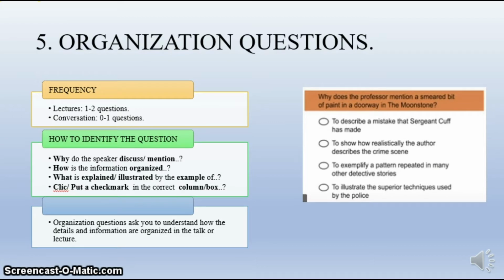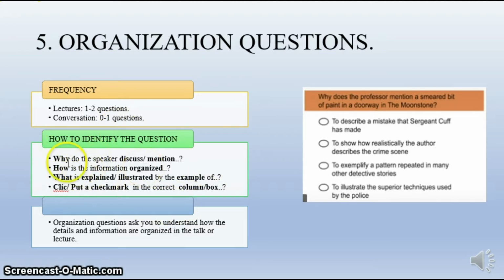And the organization question. Here you can find this type of question on a lecture or conversation. If you find it on a lecture, you will have maybe 1 to 2 questions, and if you find it on a conversation, you will have 0 to 1 question.